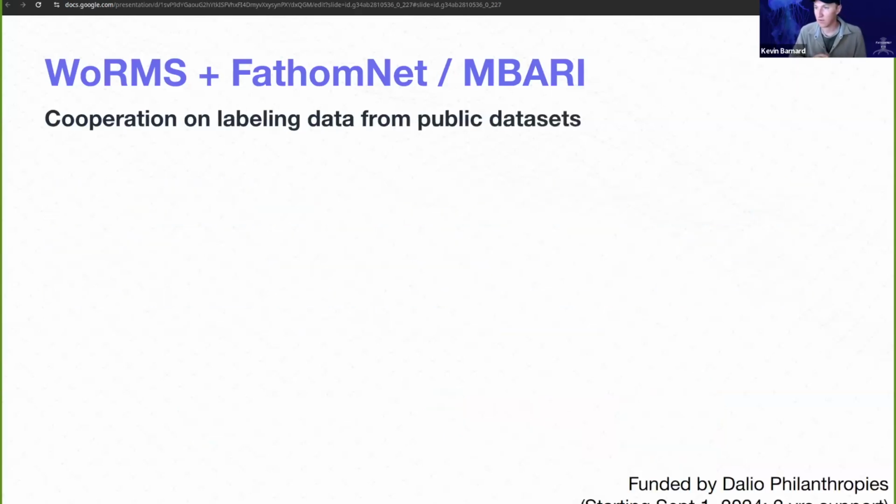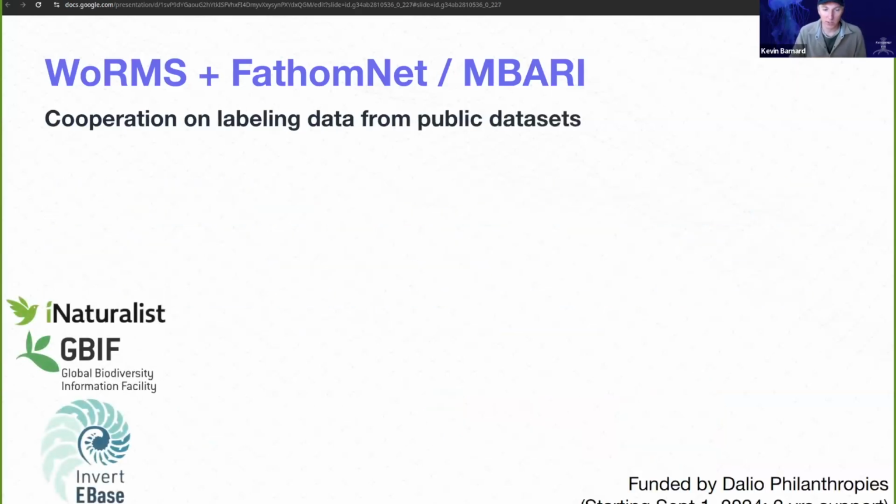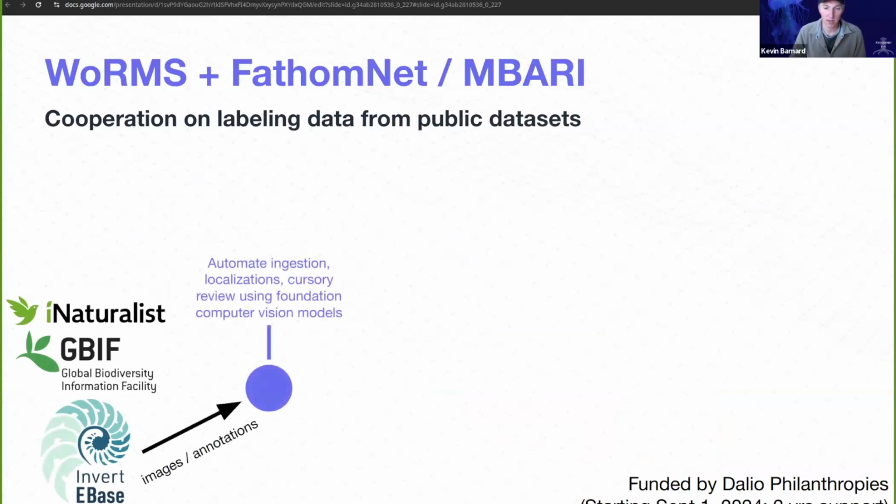To give you an idea of our pipeline, we start from these external data sets, and like I said, we're going to be using some of these foundation computer vision models as well as ones that we've trained in-house here at FathomNet to automate this ingestion, generating the sort of baseline localizations on the images and doing some cursory review of the data.